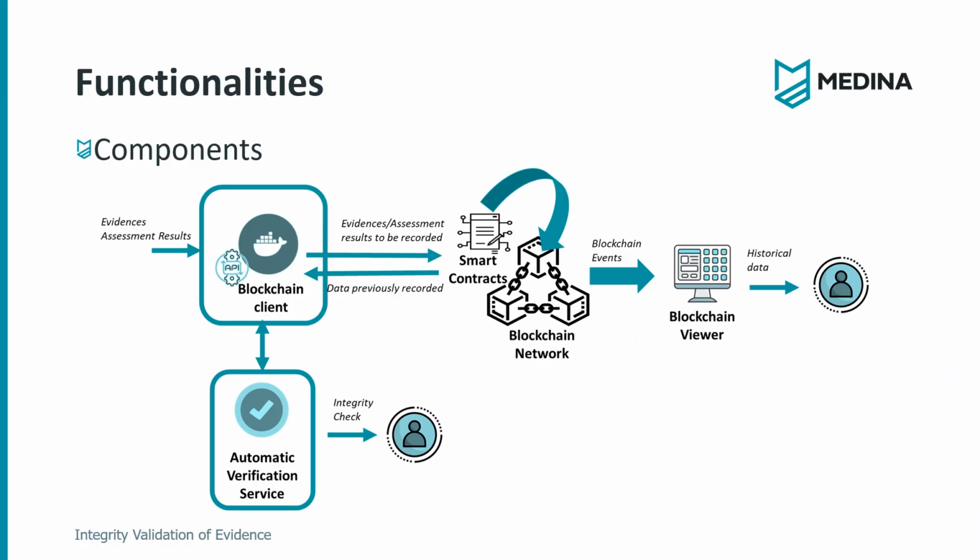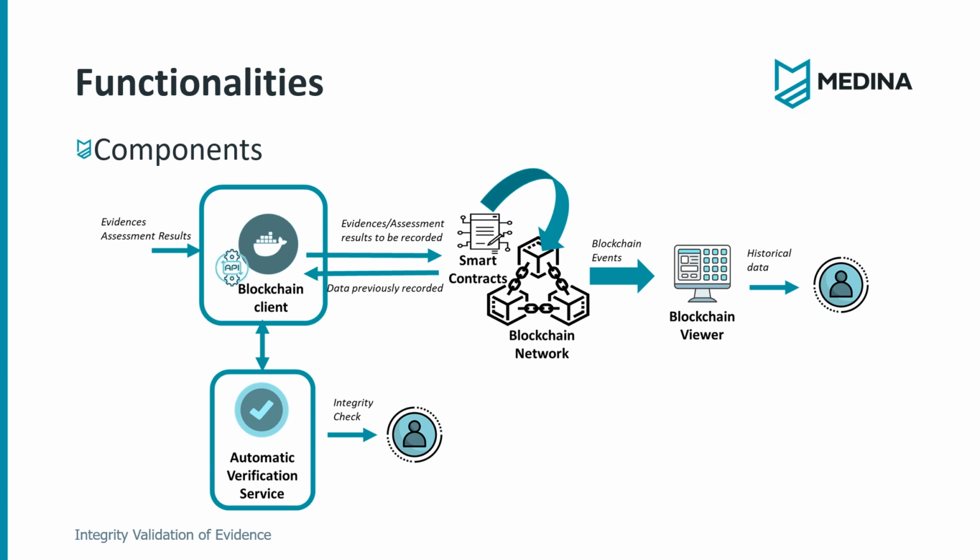This is the architecture of the trustworthiness system, in which the different subcomponents can be seen. The backbone that I have mentioned several times, which acts as secure storage, is the blockchain network in which some smart contracts have been developed. A blockchain client which exposes a REST API is used to interact with the blockchain in an easy way.